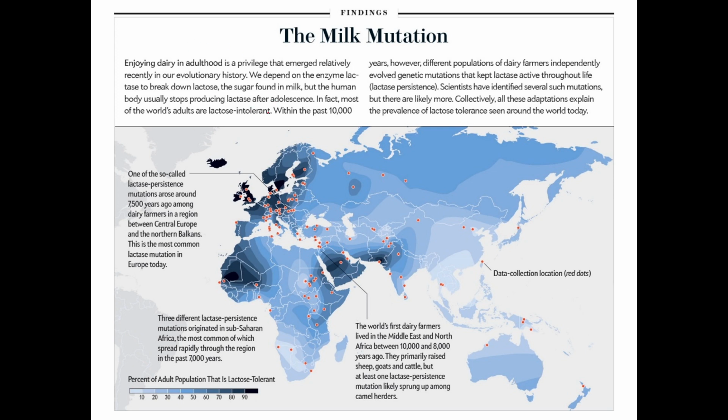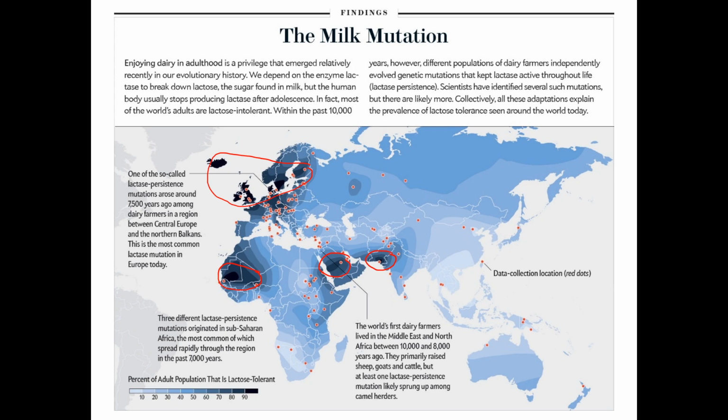There have only been a few places here, these areas where we have the really dark colors, where mutations have developed that allow individuals to produce lactase, the enzyme, even through adulthood.